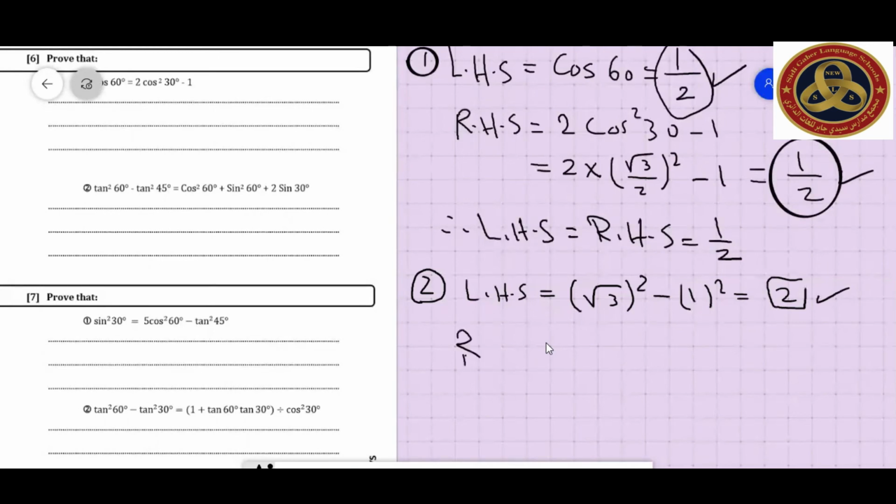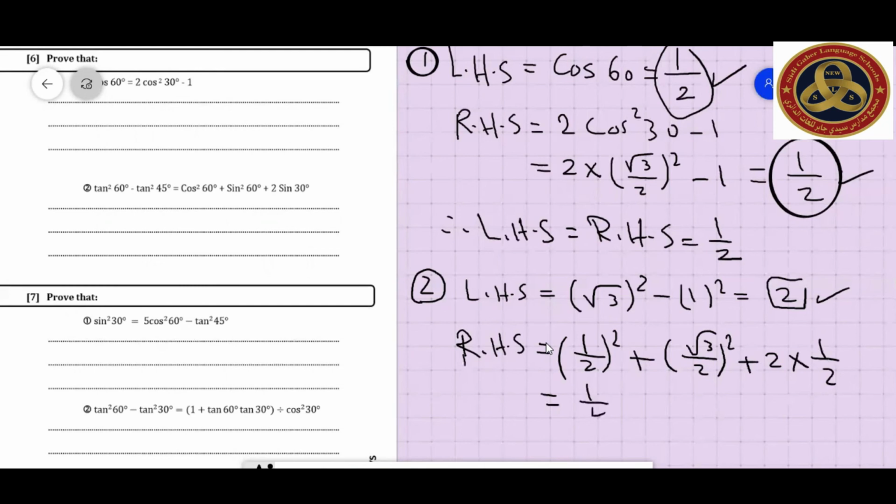By the same way, I can get the right hand side. Cosine 60 power 2, cosine 60 is half, power 2, plus sine 60 power 2, sine 60 is root 3 over 2 all power 2, plus 2 sine 30, that is 2 times half. Excellent. I can get the result of this one.